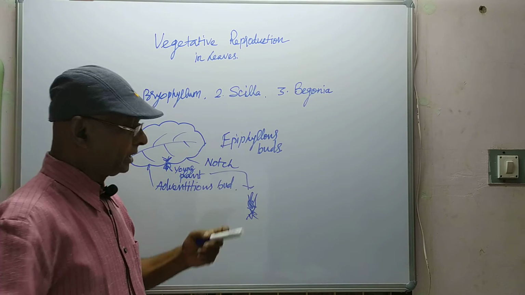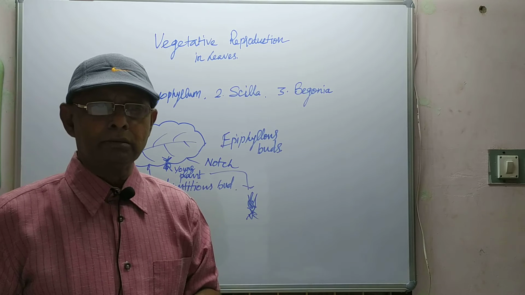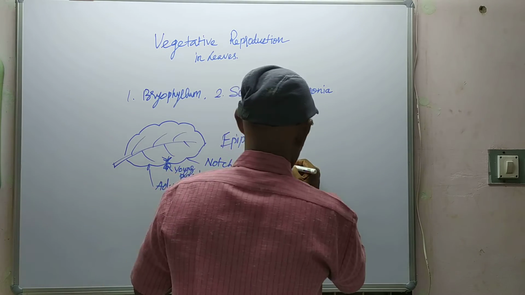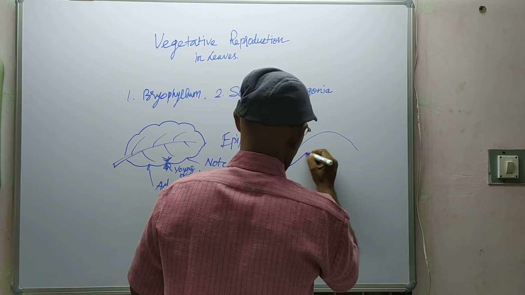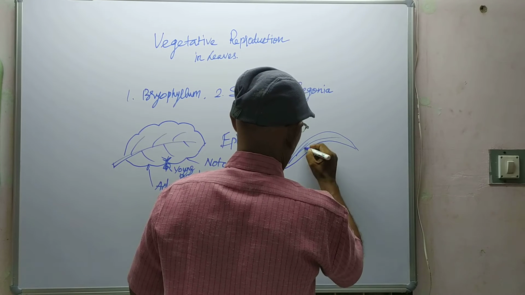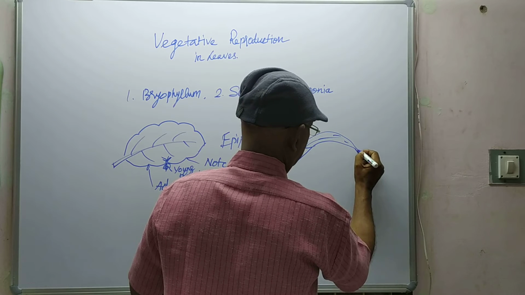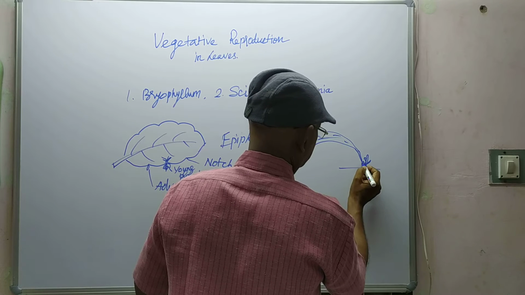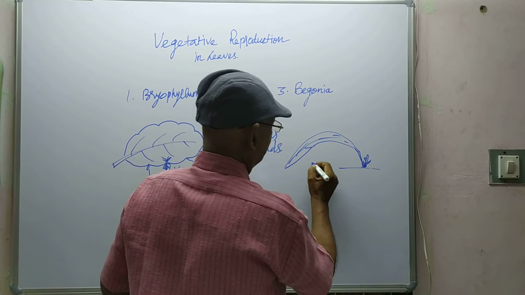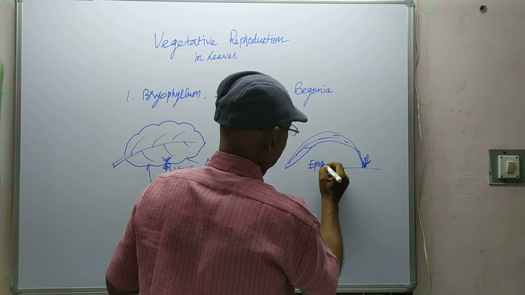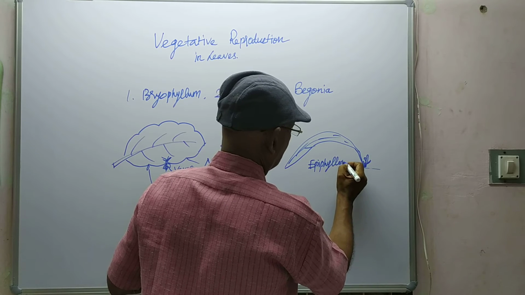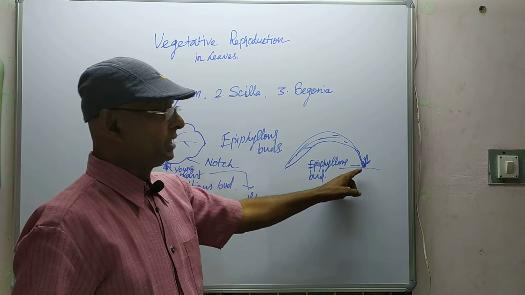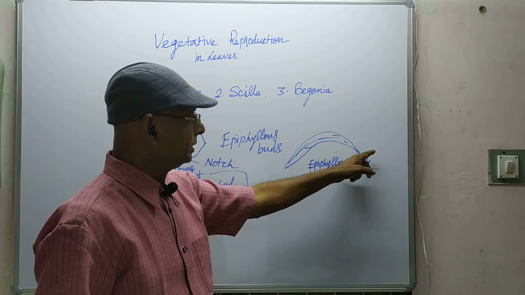In the case of Scilla, the leaf is long. It has a very long leaf. When the leaf touches the ground, it produces a young plant. So at the tip of the leaf, an epiphyllous bud is produced. These epiphyllous buds grow into a new plant.